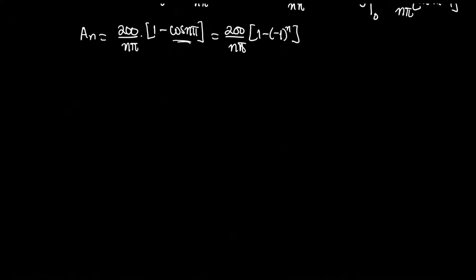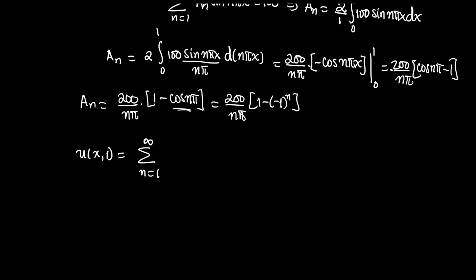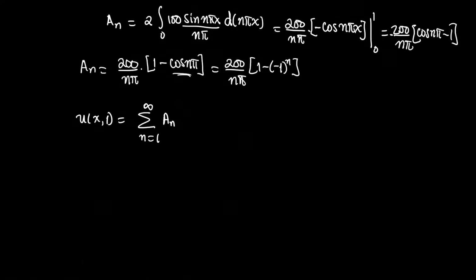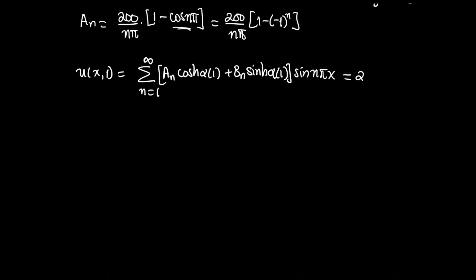I'm going to use the other condition. u(x, 1) is the summation to infinity of a_n hyperbolic cos of alpha 1 plus b_n hyperbolic sine of alpha 1, also times sine n pi x, which has to be equal to 200.